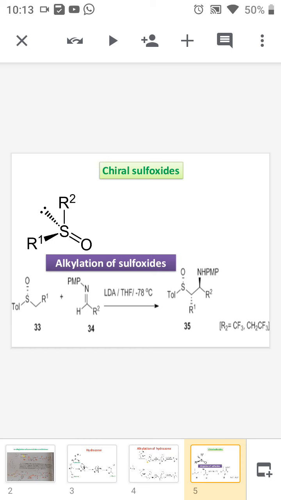Here this is the chiral sulfoxide, and it will react with R R2 C double bond N PMP, and this is the alkylated sulfoxide. After the alkylation, we can remove the chiral auxiliary, and the original compound is regenerated.